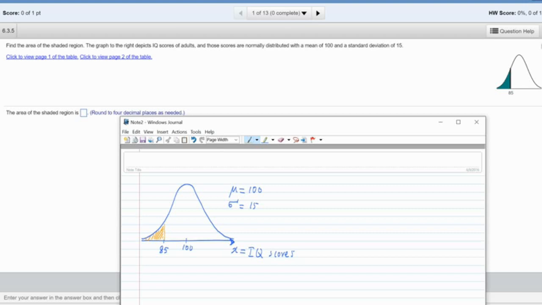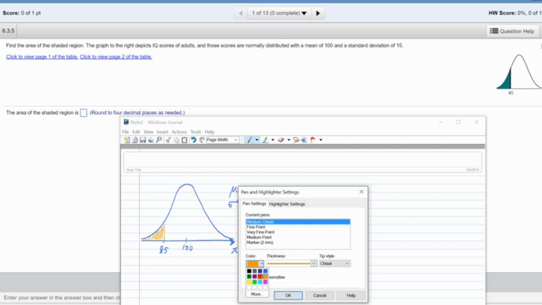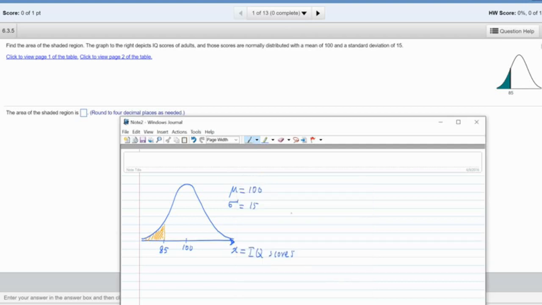As I explained in the previous presentation, we can standardize each of these IQ scores to standardized numbers. So let's do that first. I'm going to convert each IQ score to a standard normal curve, z. How do we do this?